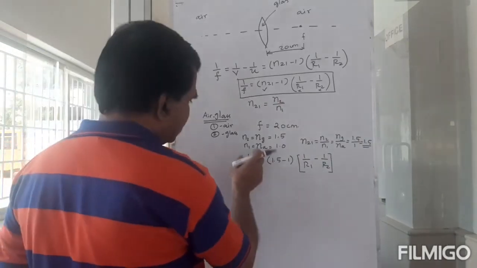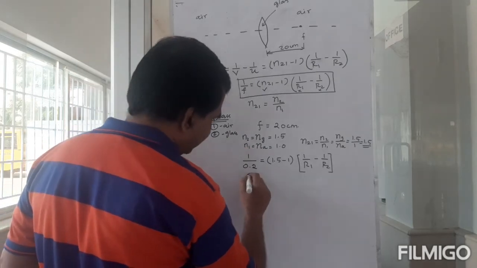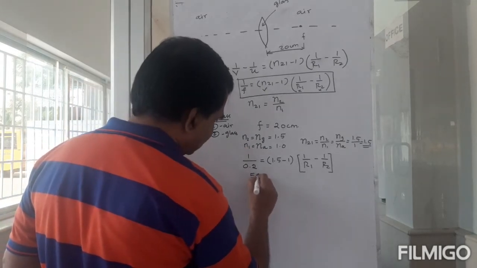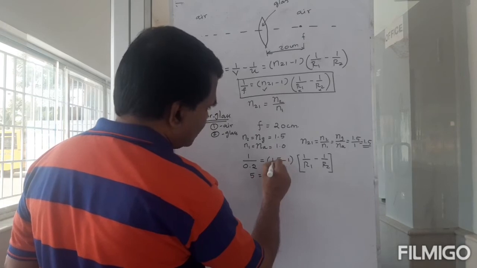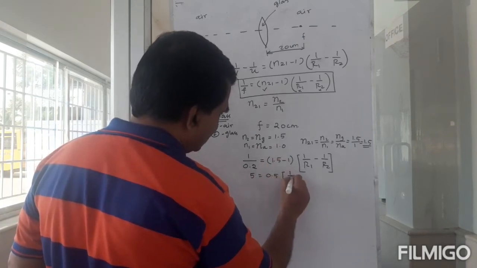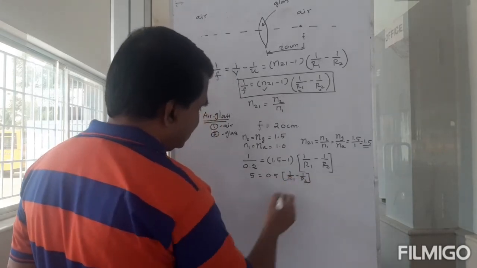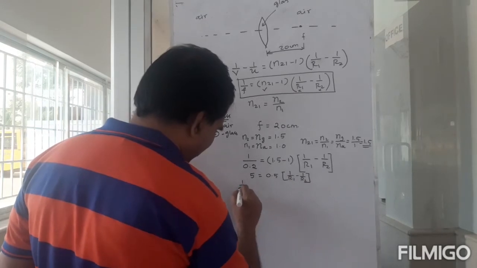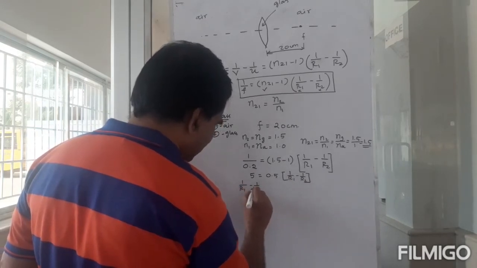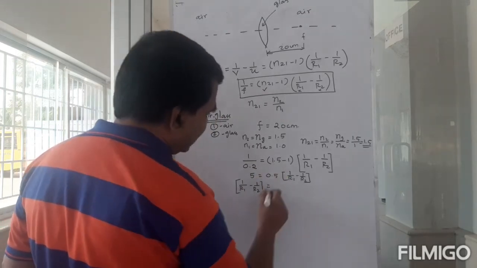But 1 by 0.2 will be 5. This is equal to 1.5 minus 1, which is 0.5, into 1 by R1 minus 1 by R2. So 1 by R1 minus 1 by R2 is equal to 5 divided by 0.5, which is 10.